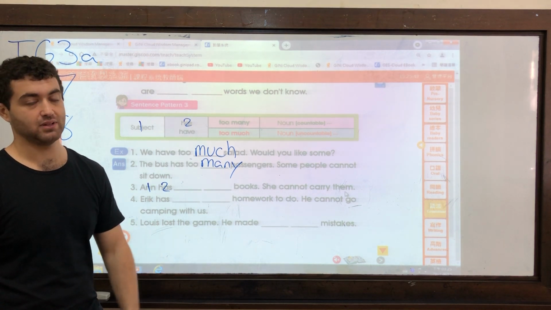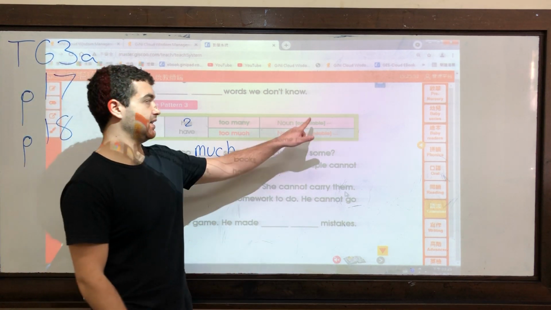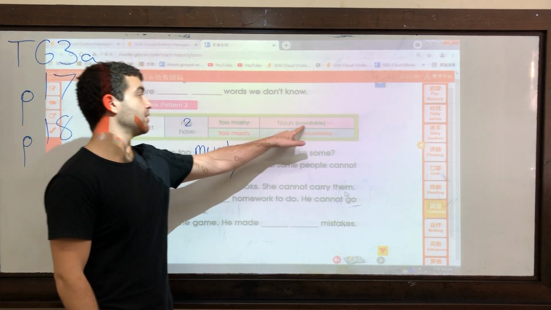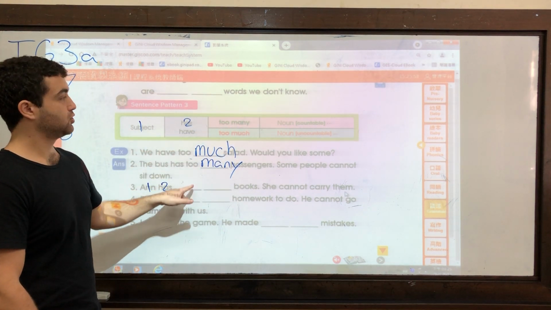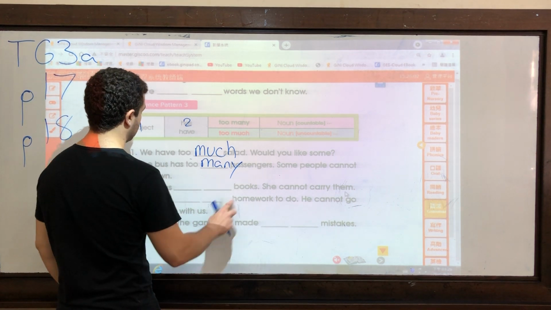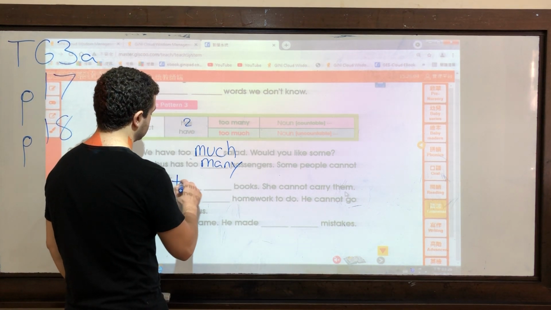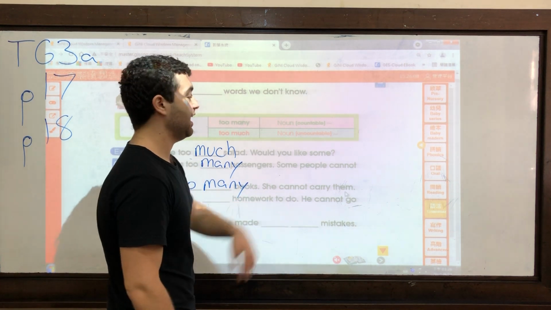Books is countable. You can have 5 books. So the countable noun goes with too many. And has too many books. She cannot carry them.